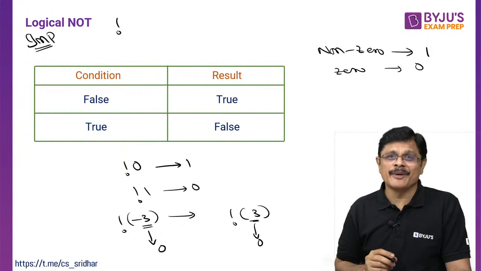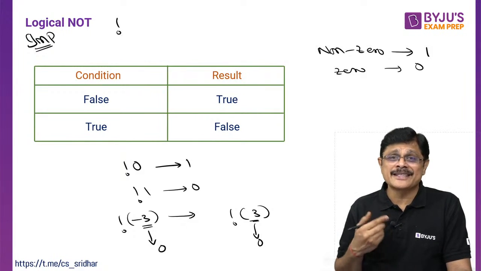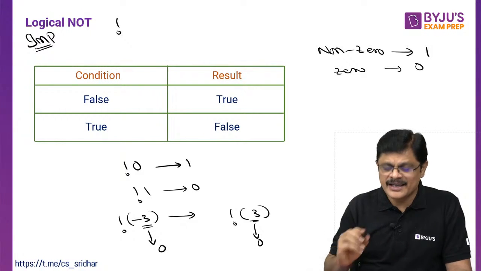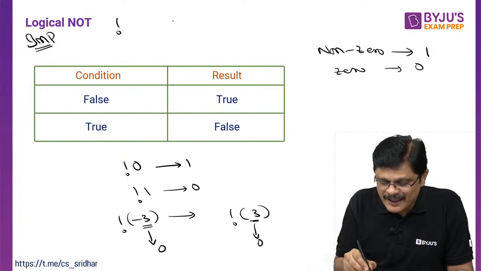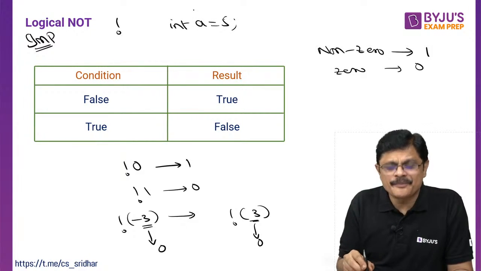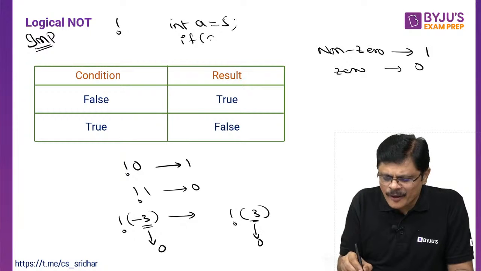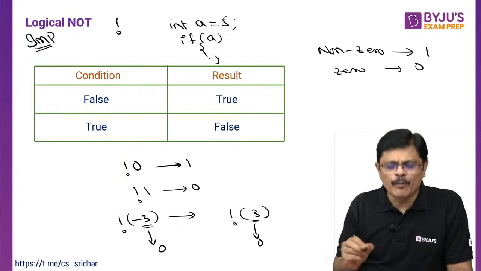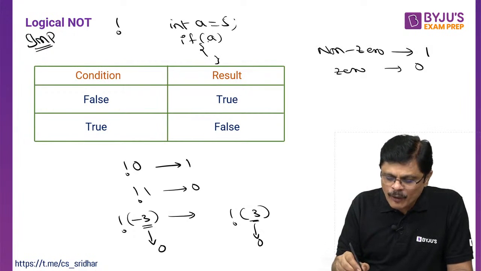And note this point, my dear friends. Generally, when you write selection structures or repetitive structures or switch cases, this is the important point. For example, int a is equal to 5. We can write something like, okay, I'll tell you what this selection structure is later. If some block. Now here, if this condition is true, we enter the block.